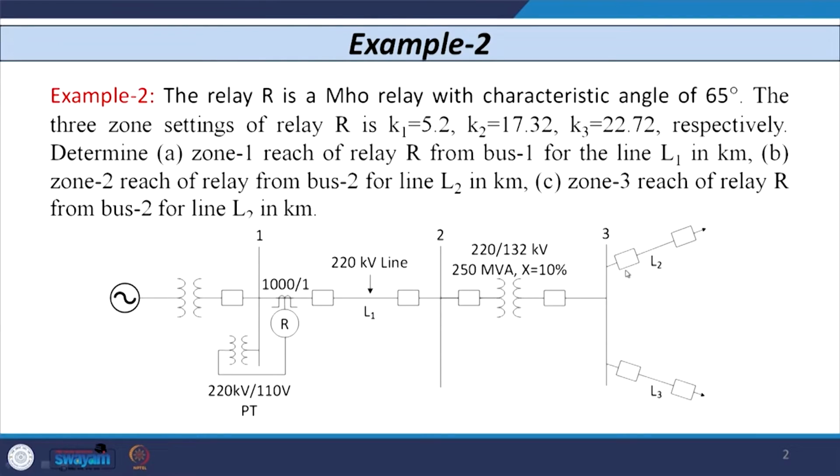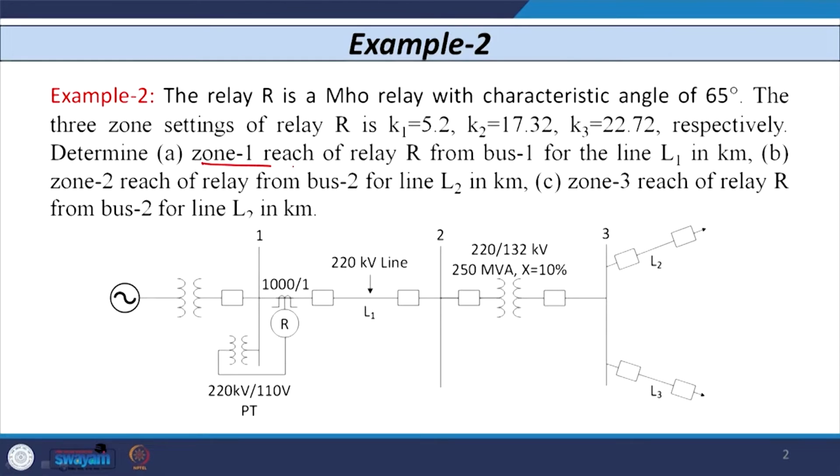So for zone 2 reach we need to find it for line L2 in kilometer, and in the same way for part C we need to determine the zone 3 reach of relay R again from the same bus for line L2, and that is also in kilometers. So to solve this example, let us start with the first part, that is what is the zone 1 reach of this relay.